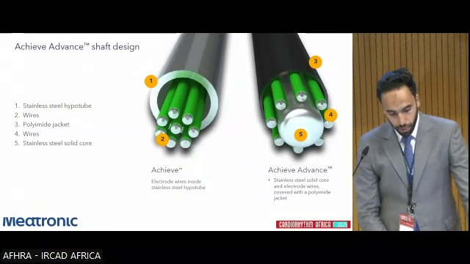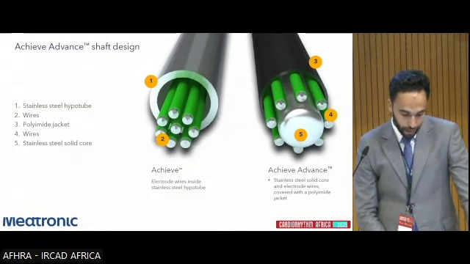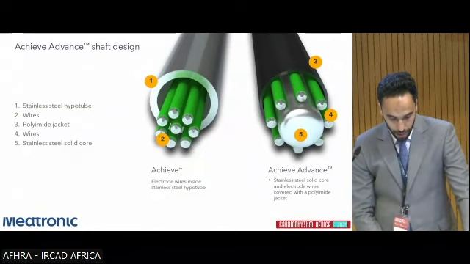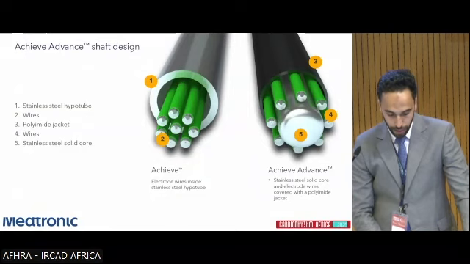The difference between the Achieve and the Achieve Advance: in the Achieve, the electrode wires are inside a stainless steel hypo tube, and the Achieve Advance has a stainless steel solid core and electrode wires covered with a polyimide jacket.